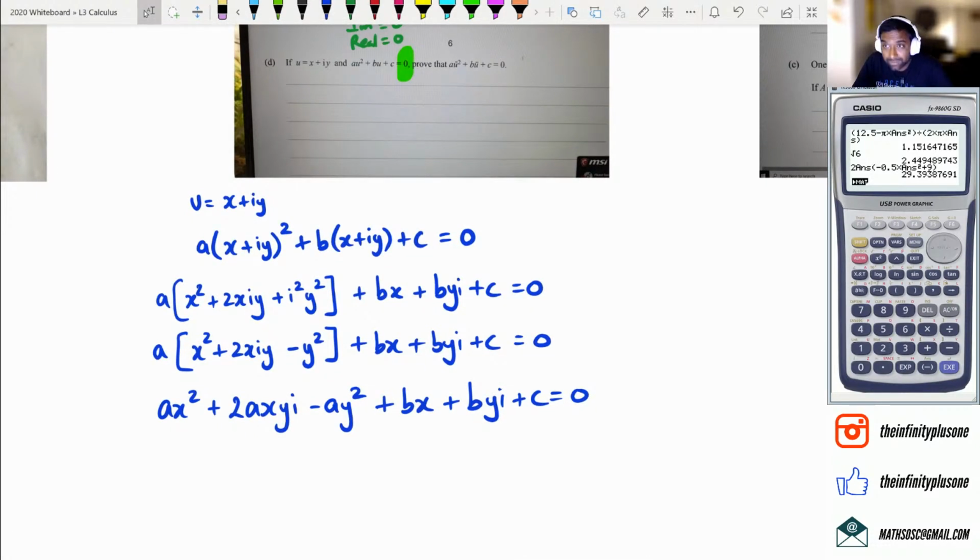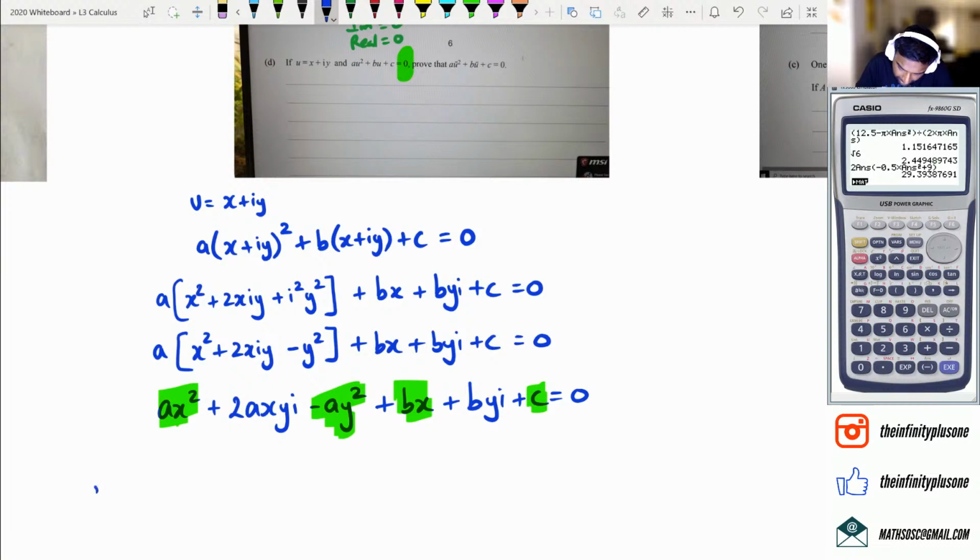From here, I'm going to put all the real things together and all the imaginary things together. A good idea is to have a highlighter ready for these kinds of things, because I always end up missing a term sometimes. That's real, and that's real.